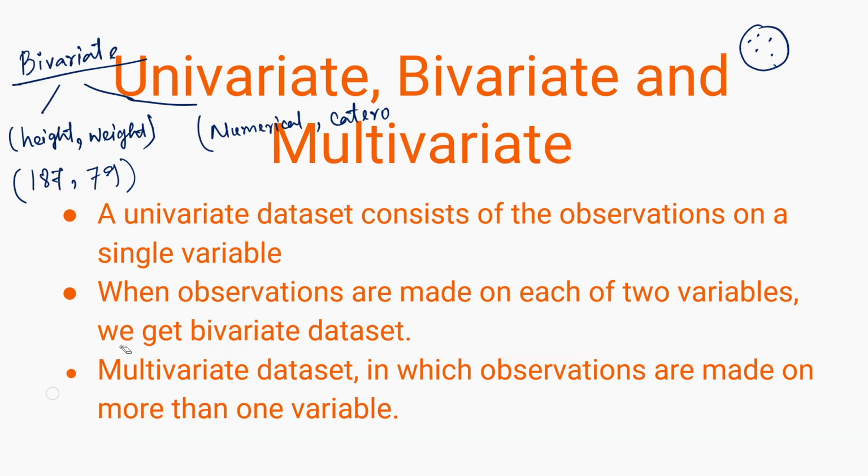Very easy. Let's say the numerical data you are taking is their marks, say 78, someone got 78 and that individual is a male.